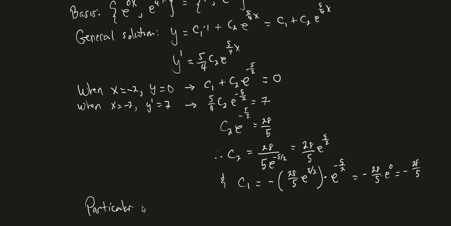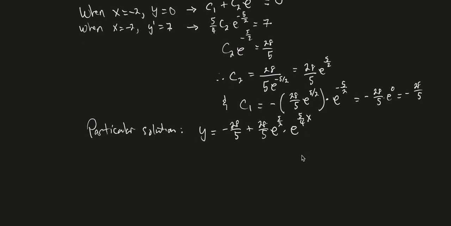The particular solution is y equals, here is c1, negative 28 over 5, and then plus c2, here is c2, so plus 28 over 5 e to the 5 halves, but then it's times e to the 5 over 4 x.